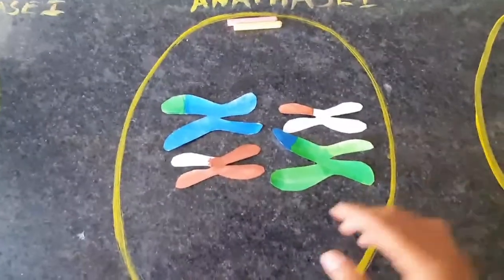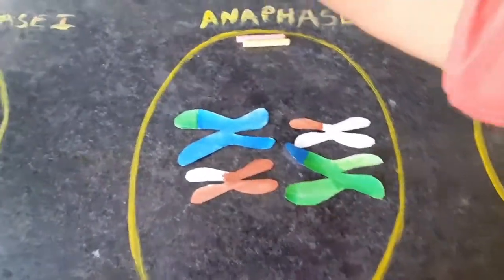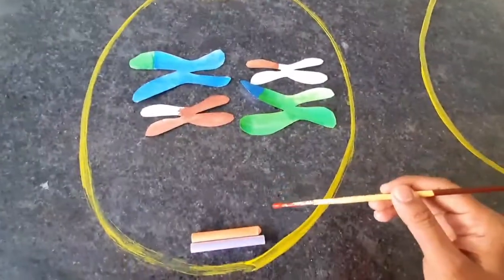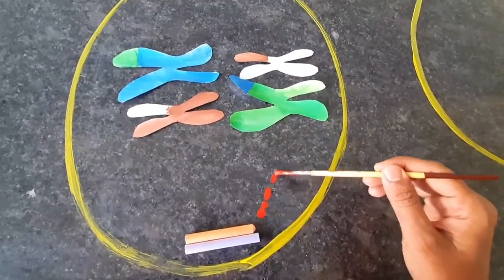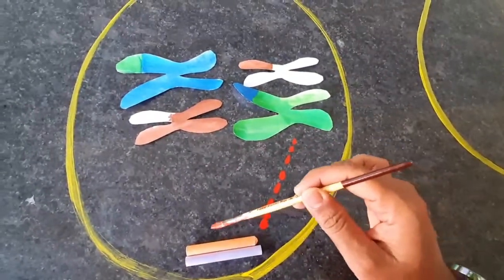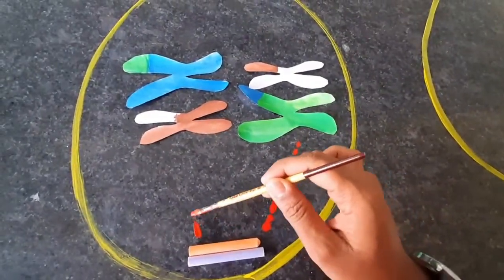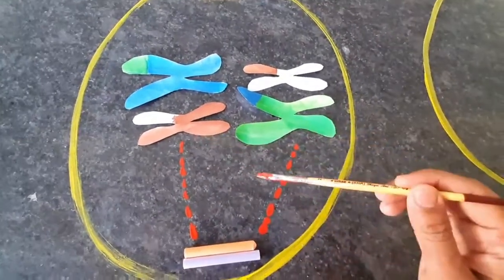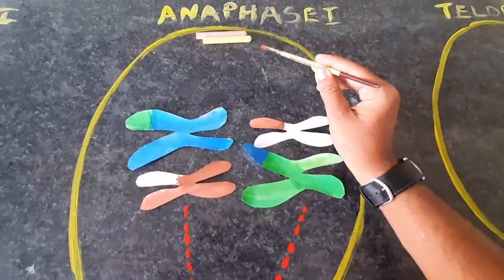Now they are pulled by, let me just tell you, this is very important for your competitive examination, this aster fibre which is now released by this particular centriole. We'll just keep it to two itself, to avoid confusion. Normally centrioles release millions of asters from both the sides.